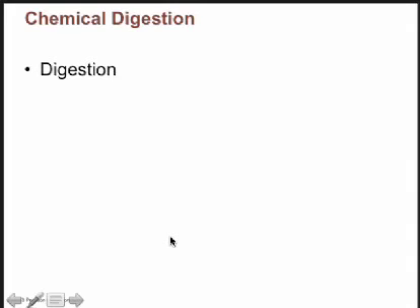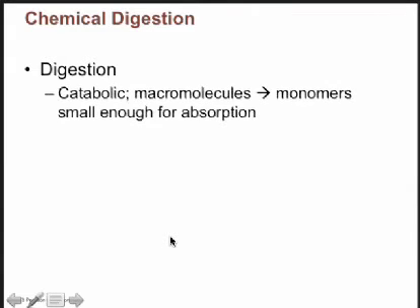Okay, if we're considering chemical digestion, this is a series of enzymatic reactions that's designed to break the macronutrients that we consume into small enough chemical components that we can absorb them into the bloodstream, transport them to the liver, and then from the liver to the rest of the body to be used for energy. These are catabolic reactions.